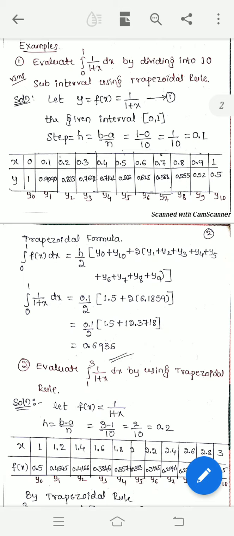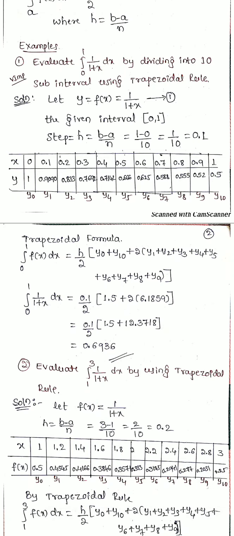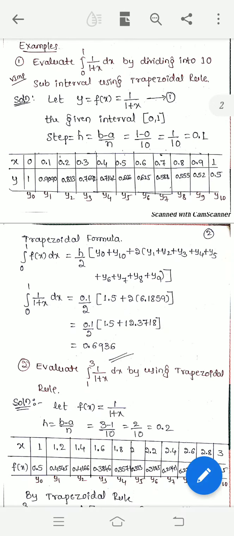Let me see the solution. Let the given function be y equal to f of x, which is equal to 1 divided by 1 plus x; we call it equation number 1. The given interval is 0, 1.